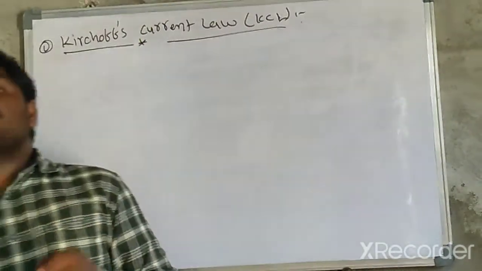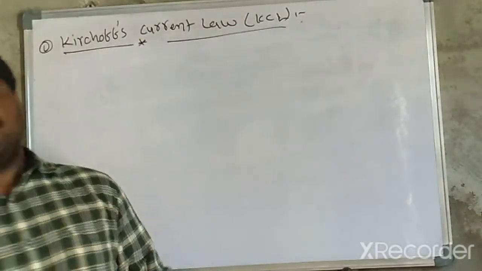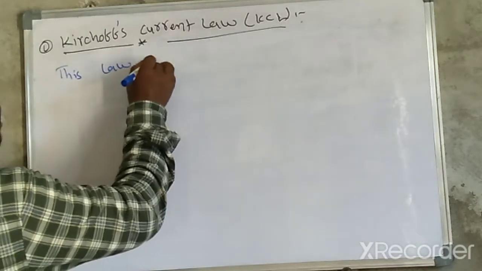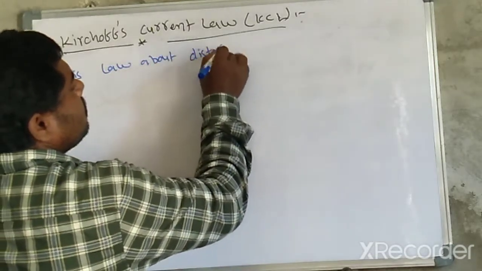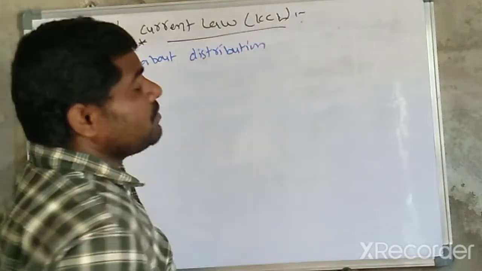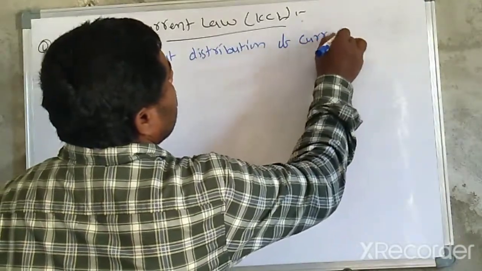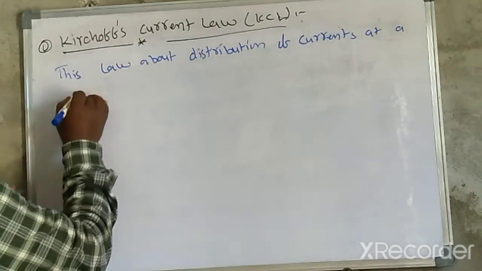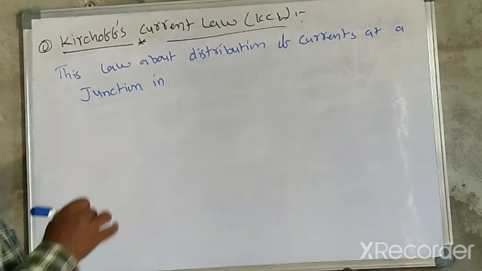This law is about the distribution of currents at a junction in the circuit.